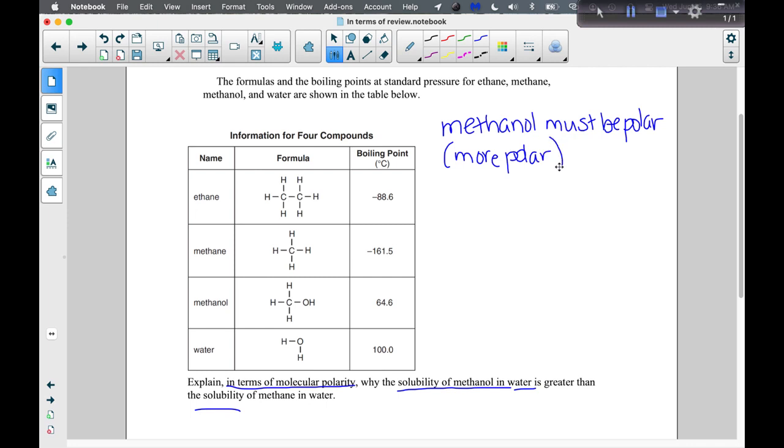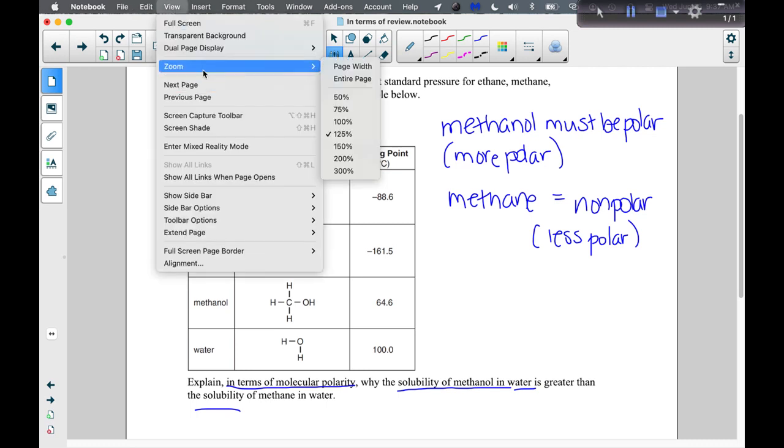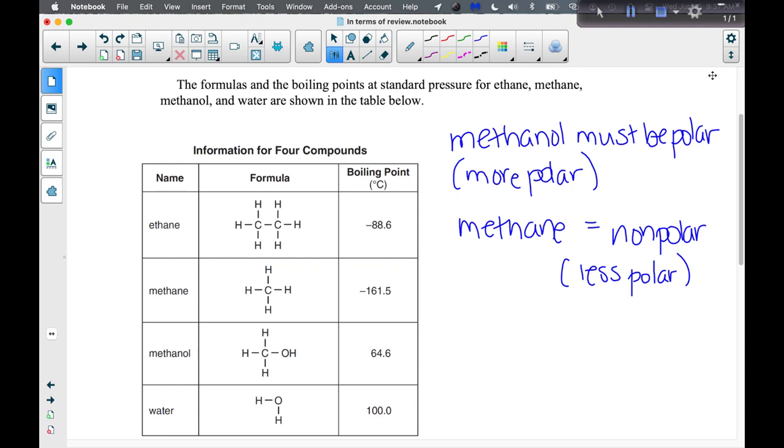And then methane must be nonpolar, or you could say less polar, because remember, polar dissolves polar, like dissolves like. Something that is polar would dissolve in something else that is polar.